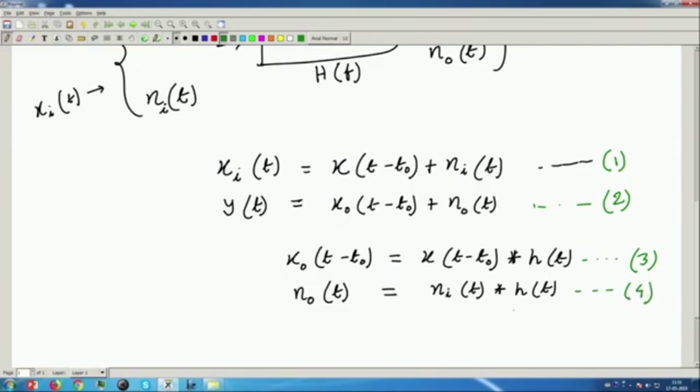Now, I can take the Fourier transform of equation 3. So, Fourier transform of 3. What do I get? I know that I will get X_0(f), and that will be the Fourier transform of that.